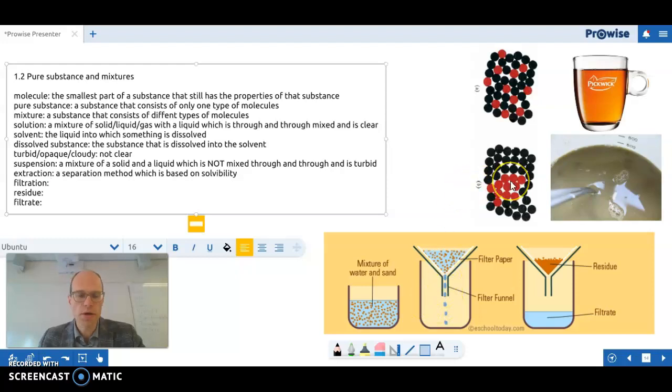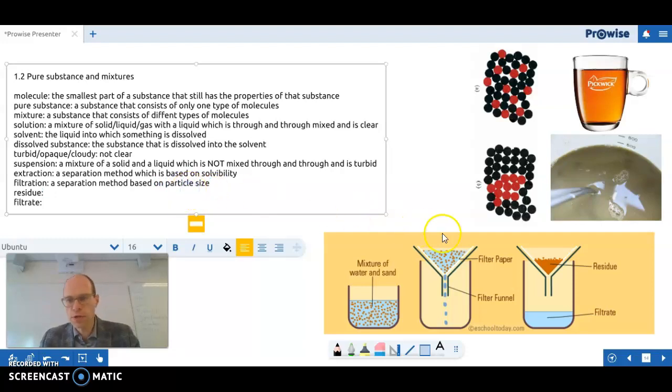So this is based on particle size, not on the size of the molecule, but on the particles of molecules that stay together, big chunks, big particles, single molecules, small particles. So it's also a separation method. And it is based on particle size.